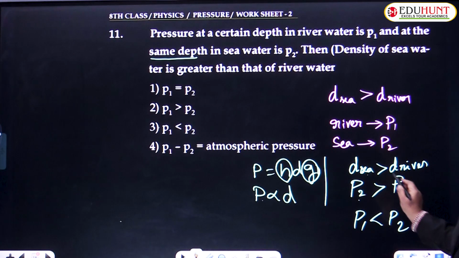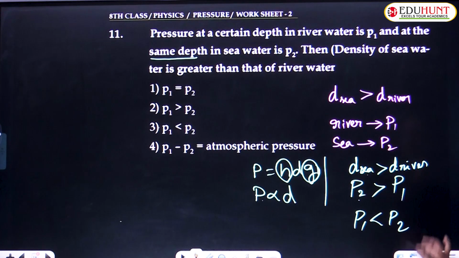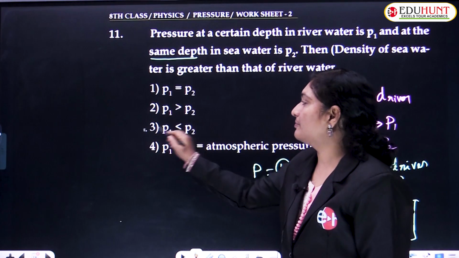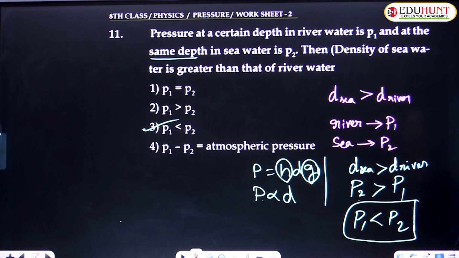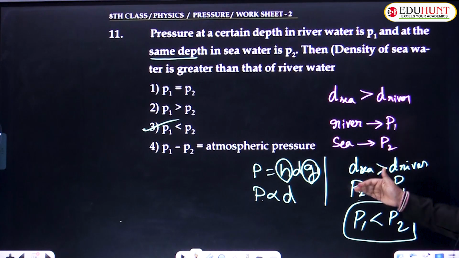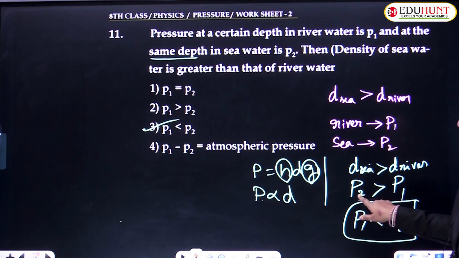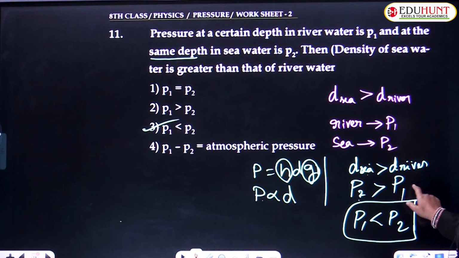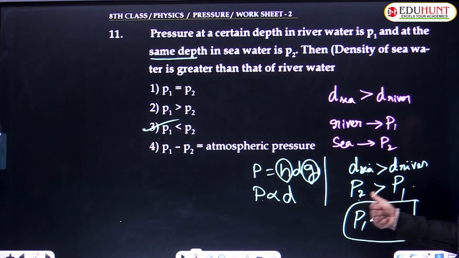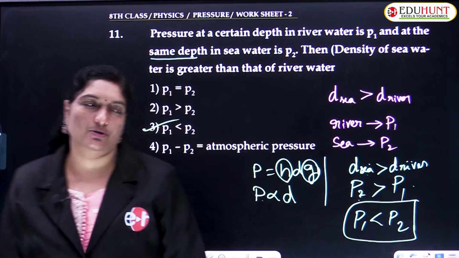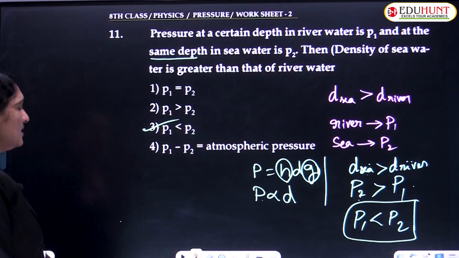Both are the same. P2 is greater than P1 or P1 is less than P2. So which one is the correct option, children? Third option. I hope you understood. Because pressure directly depends upon density. Larger the density, larger will be pressure. Lesser the density, lesser will be pressure. So since P2 is greater than P1, we can also conclude that P1 is less than P2. Hence, the third option is true.